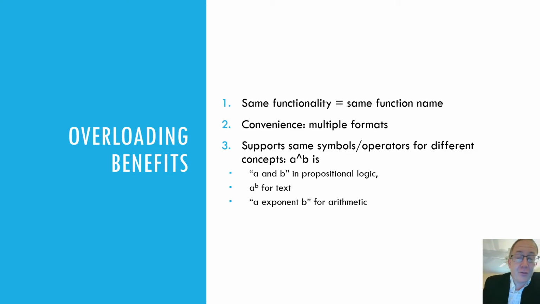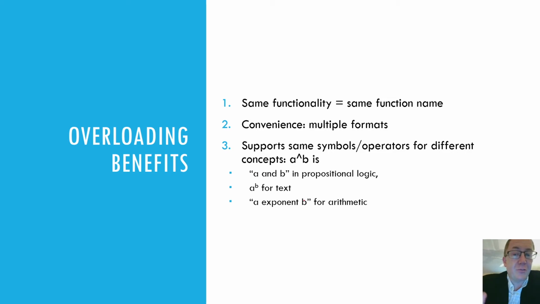And for operator overloading, look at this thing here, the ampersand, whatever the heck that's called, B. There's a proper term for it. Accent circumflex if you want to go with French, but it's not really an accent circumflex. If you're looking at it from a math or logic standpoint, that's A and B. That's the and symbol in math. Or it could be A exponential B, or superscript B for text.